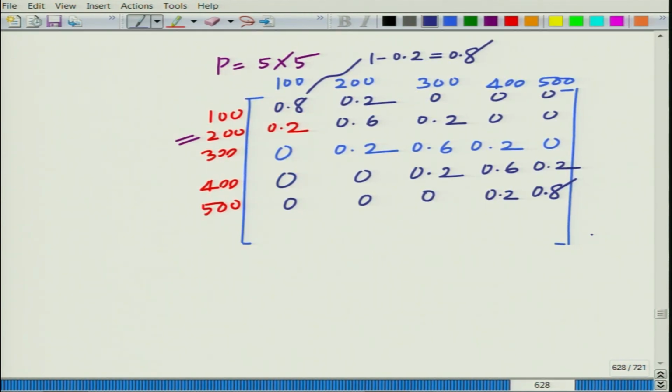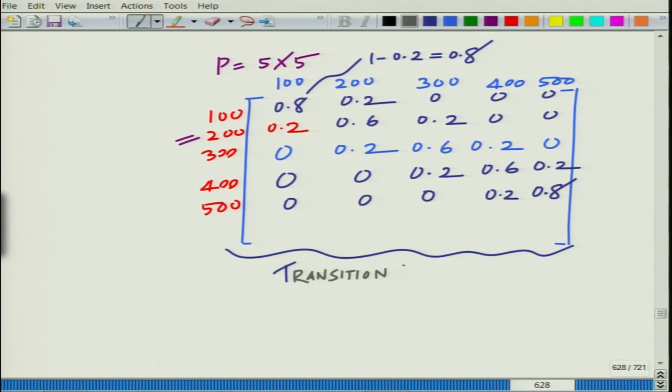This is a simple problem, and this idea can be used to build more complex problems. This is the one-step transition probability matrix for this problem.